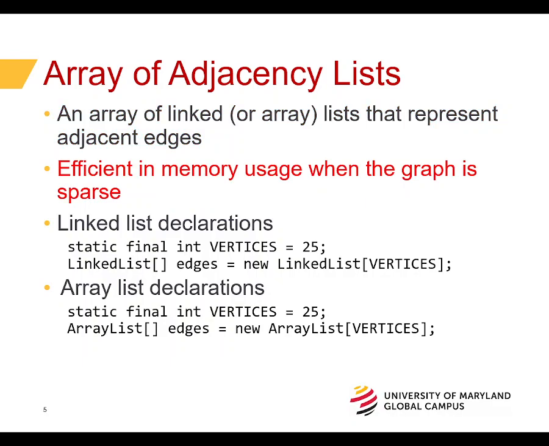One possible advantage to this representation is that it would be an efficient use of memory provided that the graph is sparse, meaning that there are relatively few edges compared to the number of possible edges. Using a linked list for the adjacency list, the array would be an array of linked lists. In this case, we are assuming we are using the Java linked list class. With an array list, the representation would be an array of array lists.